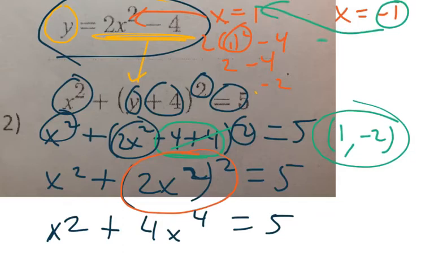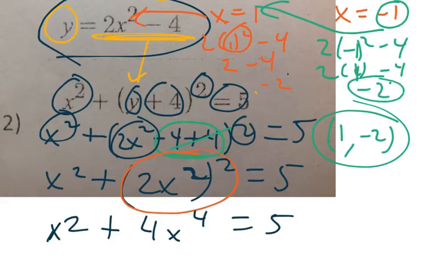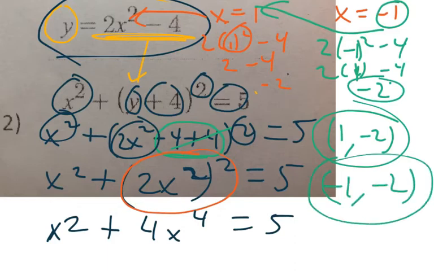So we're going to plug in that negative 1. So 2 times negative 1 squared minus 4. Well, that's 2 times 1 minus 4. And 2 times 1 is 2. 2 minus 4 is negative 2. So we end up with x equals negative 1 giving y equals negative 2. And we have two real answers. And as you saw before, we have two unreal answers, which right now we don't really care about.